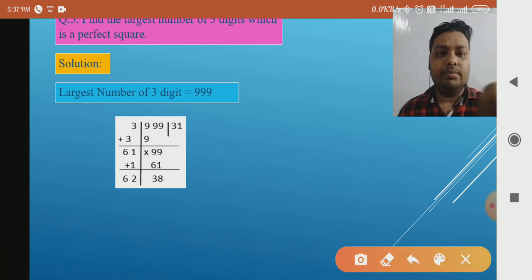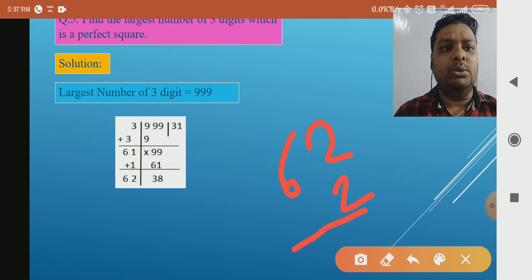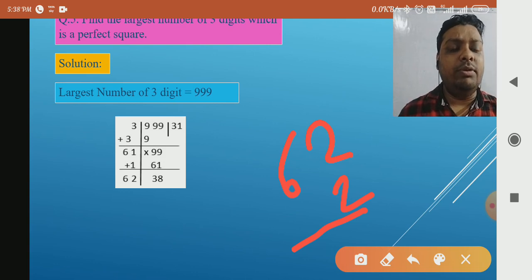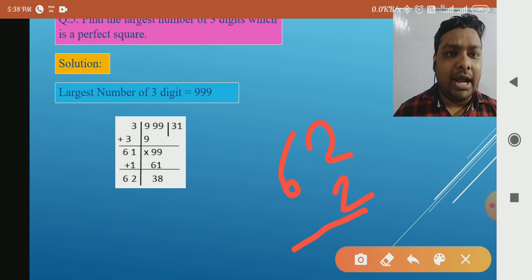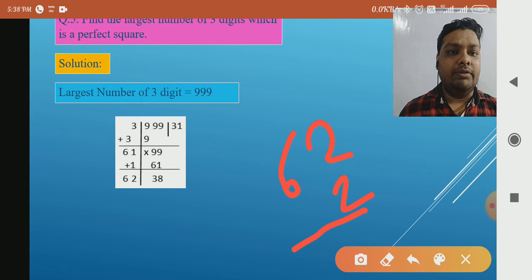Like this, here you can see that if you write 2, then instead of 61 into 1, it will be 62 into 2. But 62 into 2 will be 124, which is more than 99. So we cannot take 62 into 2. Then we will write 1 and 1. So again we will write 1, 1 in the divisor section and again 1 in the quotient section.